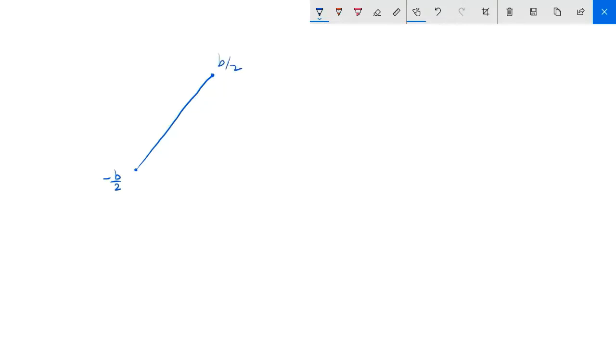So what is a bound vortex? Bound vortex just means it is not extending to infinity. Okay, so this line is basically a vortex filament. So every point here on this line is a point vortex. Okay, but this vortex filament only extends from negative b over 2 to b over 2.